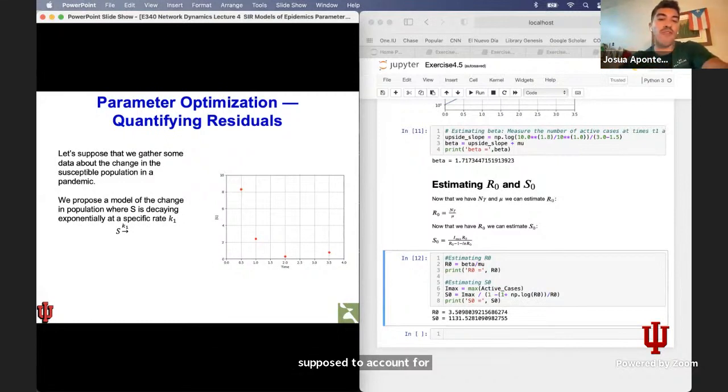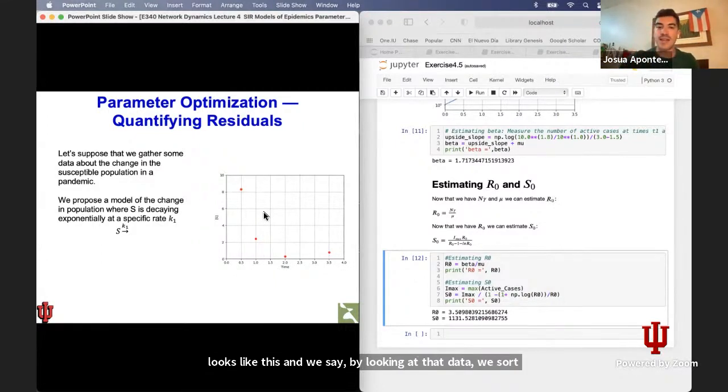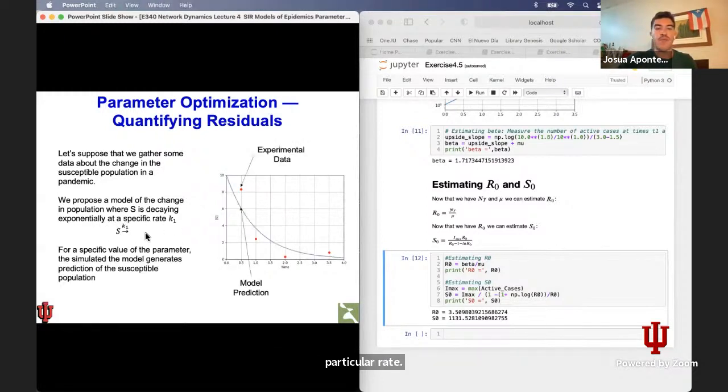So let's suppose we have a model, and we have some data of a species or a population that looks like this. By looking at that data, we hypothesize that this can be described by a decaying equation. So the population is decaying exponentially at a particular rate, and that is described by this type of model.